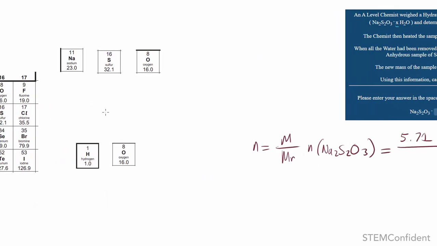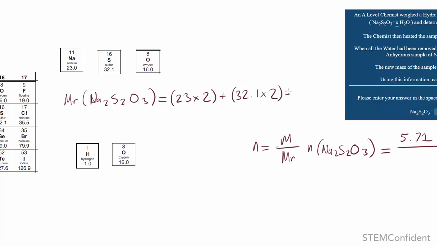So the molar mass of Na₂S₂O₃ is going to be equal to 23 times 2, plus 32.1 times 2, plus 16 times 3.